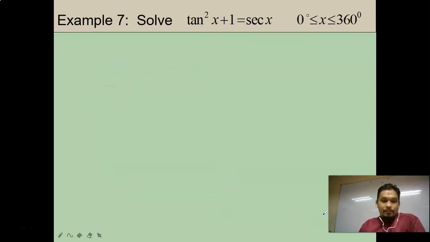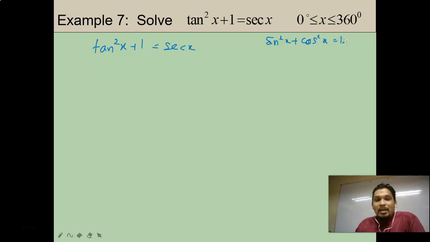Okay, now for tangent square x, tangent square x plus 1 equals secant square x. For this one, we can try to memorize it from sine square x plus cos square x equal to 1, and divide by cos square x.